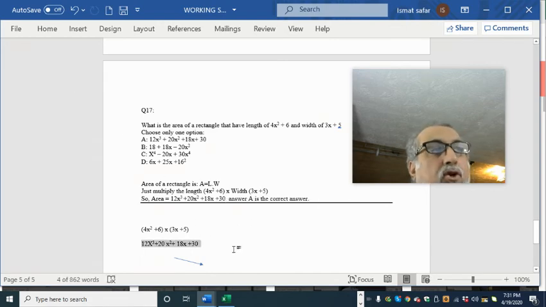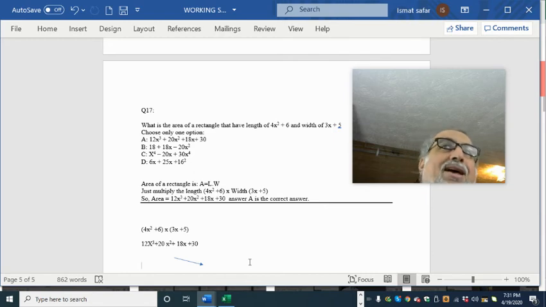Can you simplify it? You cannot simplify it unless there are terms with the same x's, same x squares, or same x cubes, and same numbers. Remember, very important, you cannot add 12x cubed plus 20x squared and get 32x squared or 32x cubed.